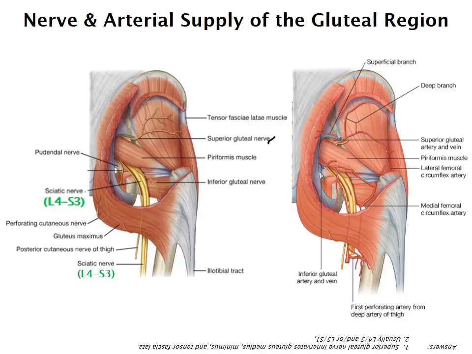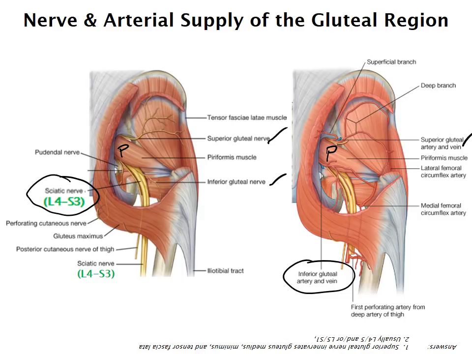Superior gluteal nerve and superior gluteal artery, which exit above the piriformis muscle, and then the inferior gluteal nerve and inferior gluteal artery, seen here, which exit below the piriformis muscle, along, of course, with the very large and very clinically important sciatic nerve, which also exits from below the piriformis muscle.